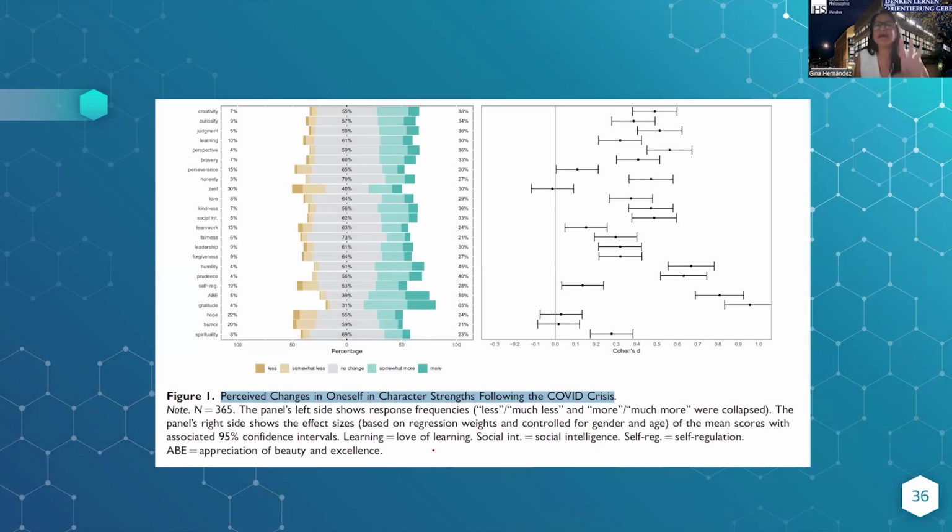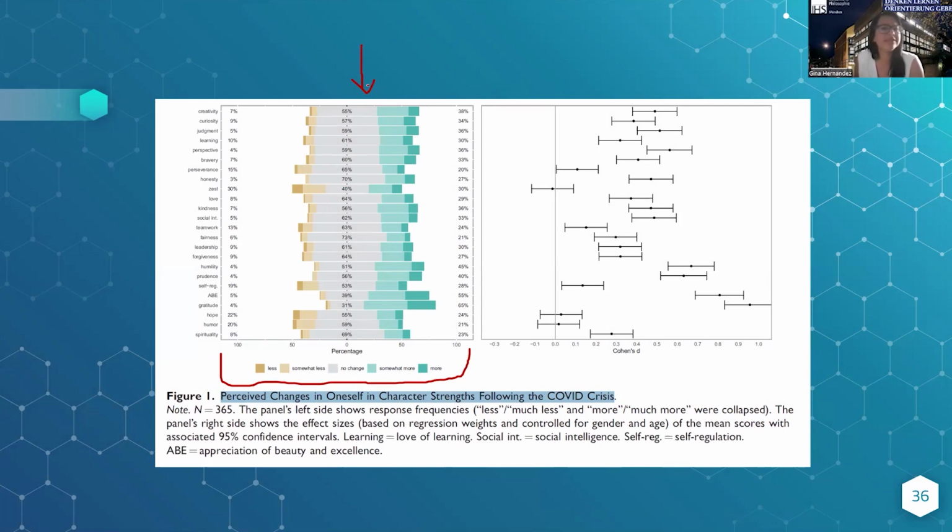Here, for example, I have this screenshot of this paper, and I really like that these authors are actually showing you descriptive statistics. We have here the frequency of the answers regarding perceived changes in oneself in character strengths following the COVID crisis. So they are giving you the descriptive statistics. This is great.